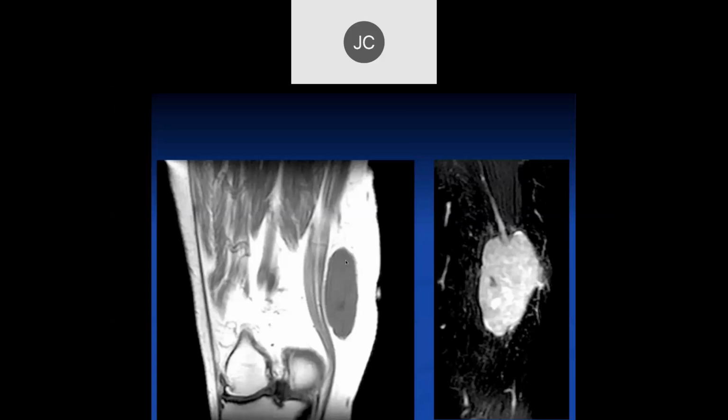So let's move on to smooth muscle. Right, so we've got a lesion in the inner thigh, distal thigh on T1. Some low signal, looks well circumscribed on that coronal view. On this, are we sagittal there?